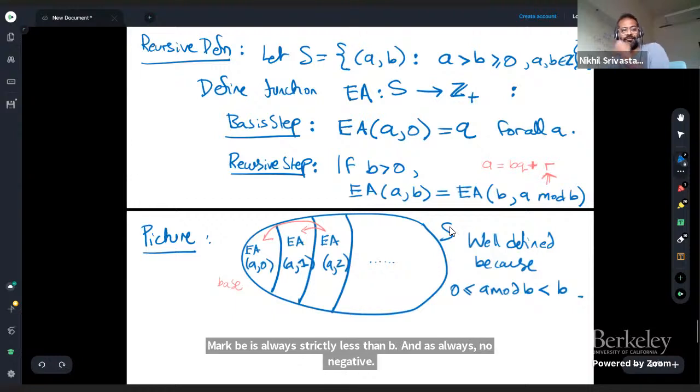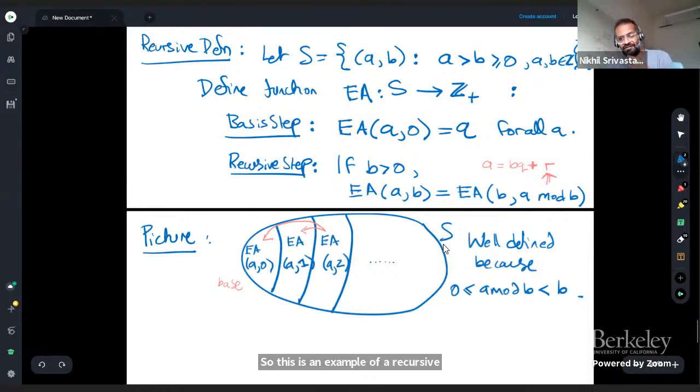So this is an example of a recursive function definition on a set that's not the integers. But really, if you follow what's happening in the second coordinate, it's the same principle. And this is a recursive algorithm. There are two ways of viewing this. It's a definition of a function, or you could write this down in a computer and run it, and it would do something.